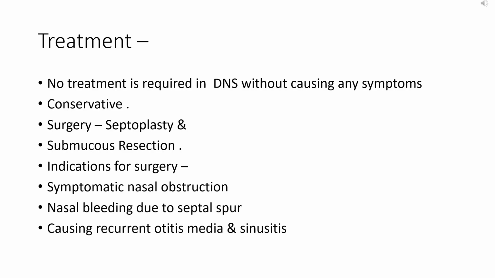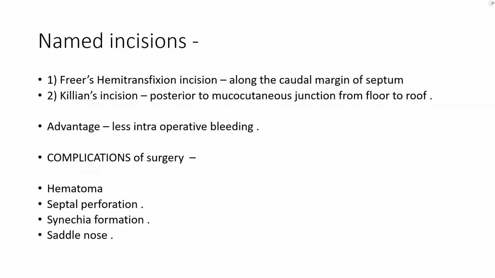Also, if the patient has recurrent attacks of otitis media or otitis media with effusion and persistent sinusitis, and on anterior rhinoscopy DNS is present, that also becomes an indication for surgery of DNS. Septoplasty and SMR, that is submucosal resection, are two different surgeries, and we will discuss in a separate video what the differences between these two are.